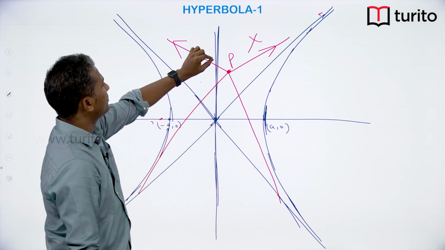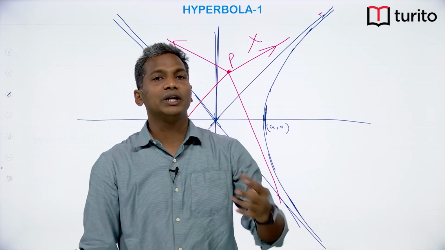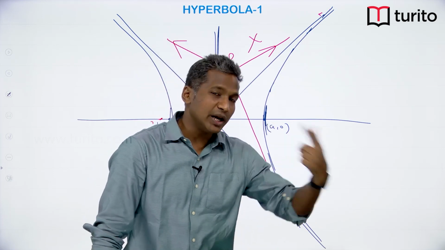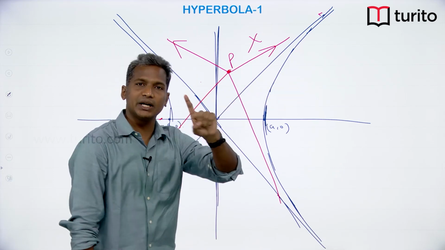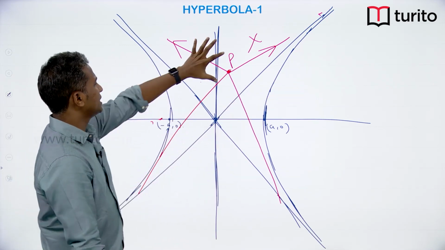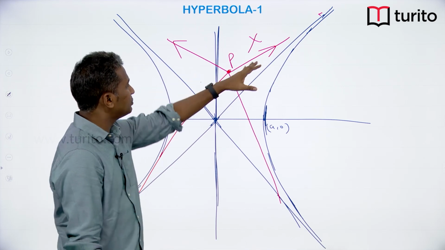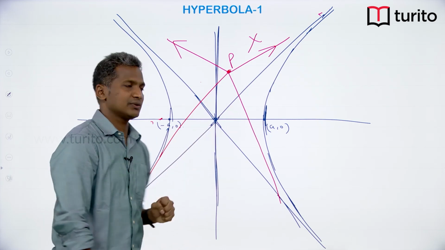So, from any point P in this region, how many tangents can be drawn? We can draw only two tangents, one to each of the two branches. To this branch one tangent, to this branch one tangent. So, this way we can understand the importance of asymptotes. Let me explain it for the other regions also.